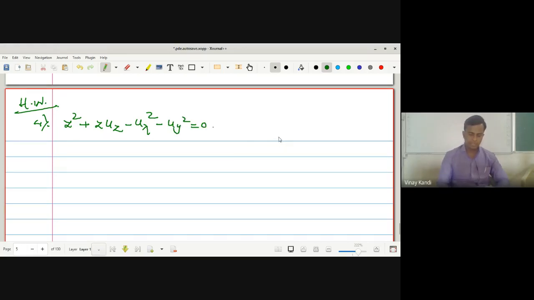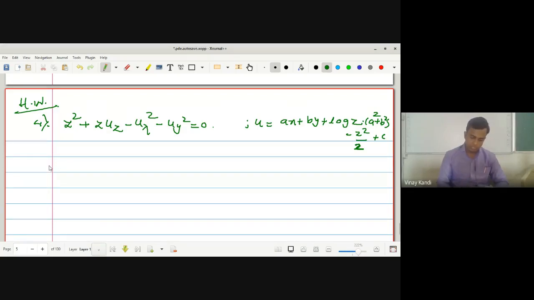The answer will be u is equal to ax plus by plus log z into a square plus b square minus z square upon 2 plus c. So this is the answer of this one.